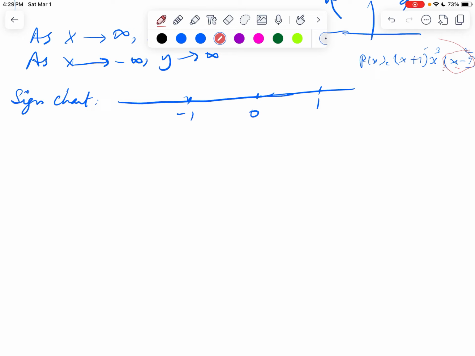So positive times whatever the sign of this is, and times whatever the sign of the next one is. So what is the sign there? Can you see that? When I pick a number on this interval, let's say -2, when I plug -2 in the x plus 1, I get a negative sign. When I plug -2 in this one, I get a negative sign. So negative times negative is positive.